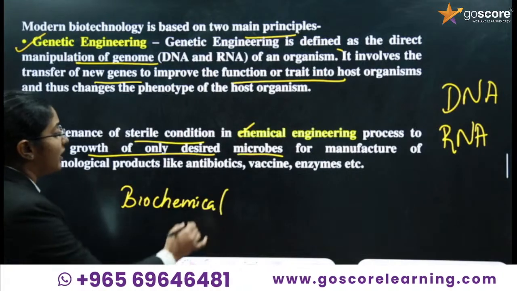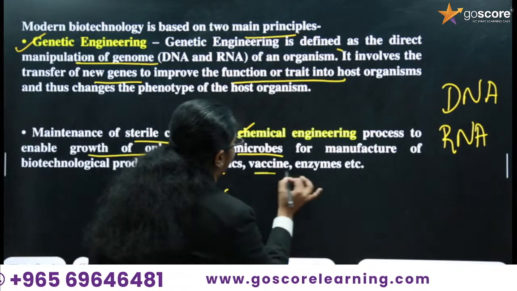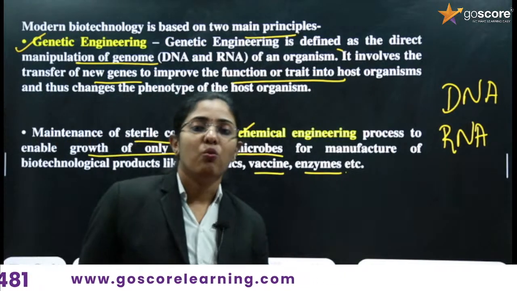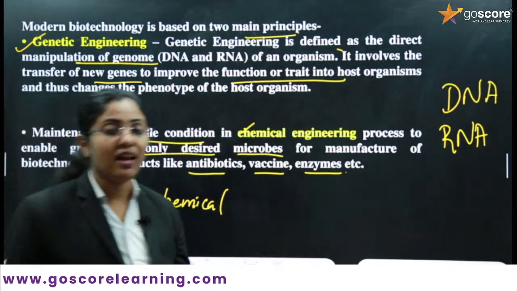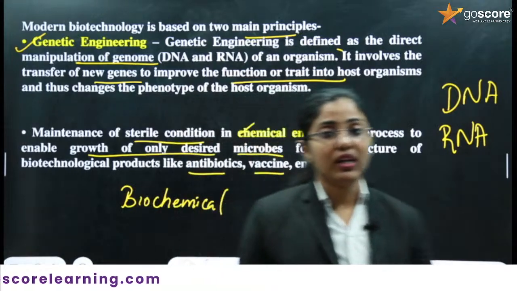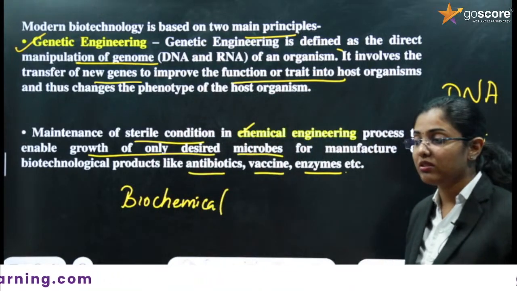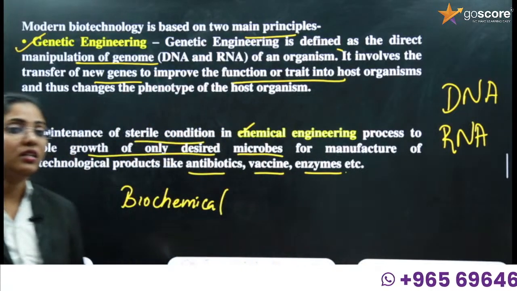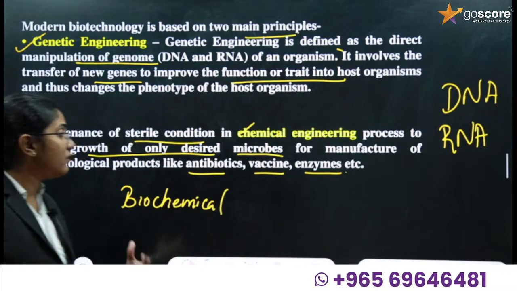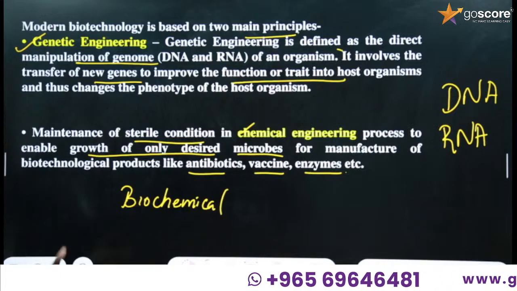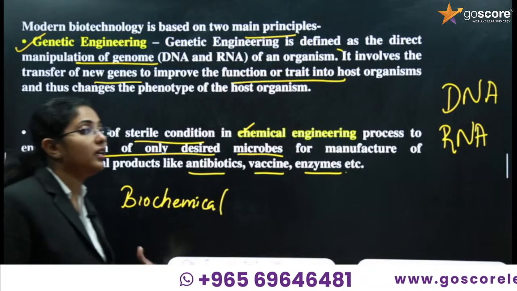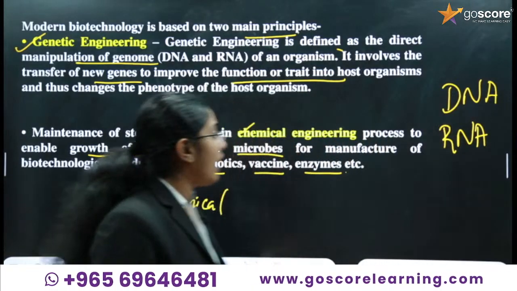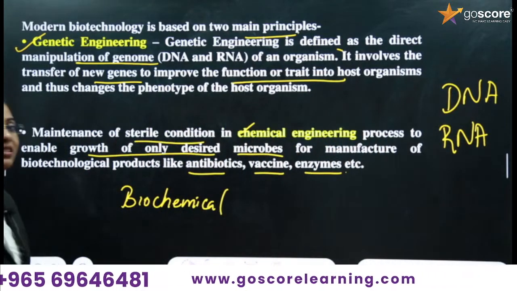The products are very important, so underline this and study. They are antibiotics, vaccines, and enzymes. These are the products which enable the growth of desired microbes for the manufacture of different chemical substances like antibodies, vaccines, enzymes, etc.